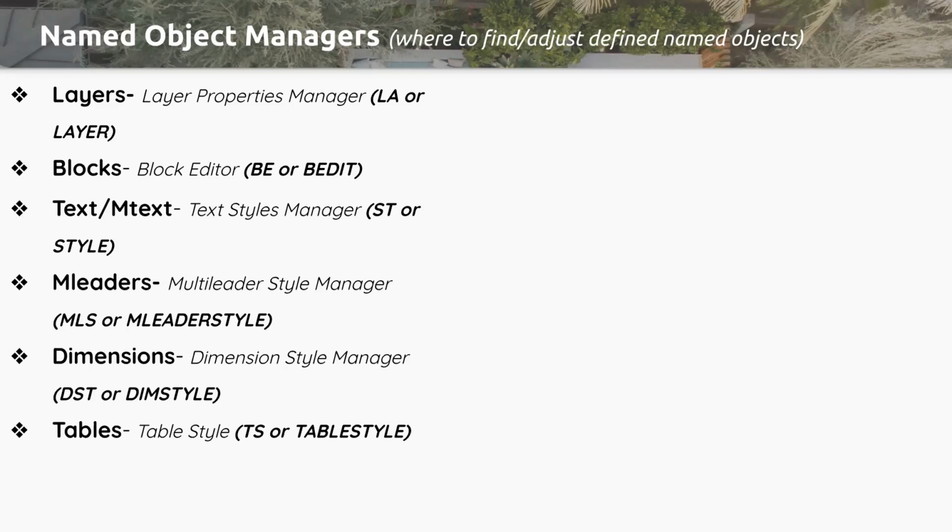Every one of these managers is basically each one of these named objects' home. So if I need to adjust any layers, I would go to my layer properties manager. The little parenthesis is the shortcut key for that particular command. I highly, highly recommend that you know it, memorize it, use it, because it'll make it a lot easier as we get into it and you're trying to remember where you go for that particular one.